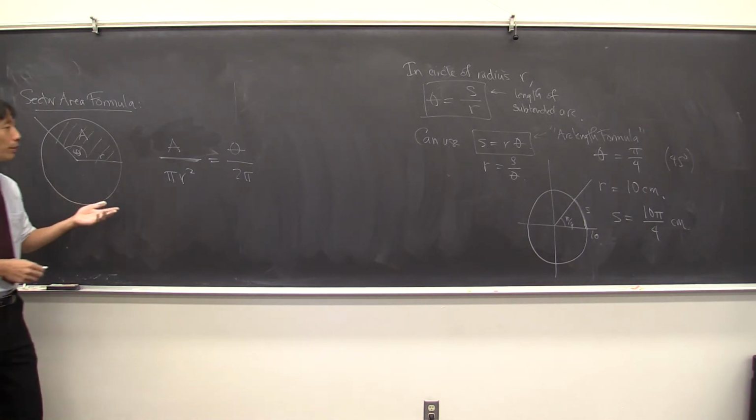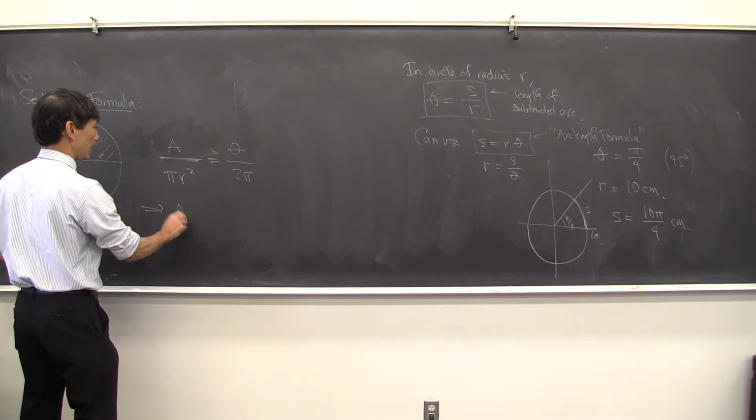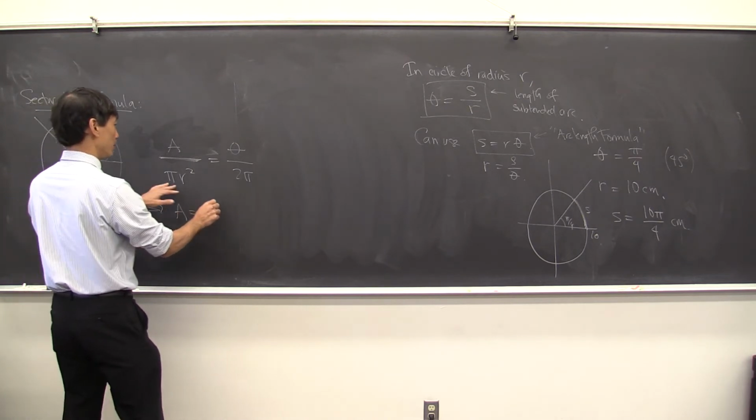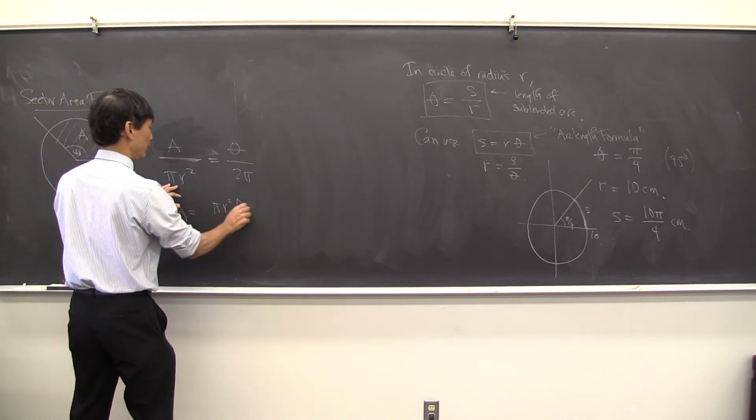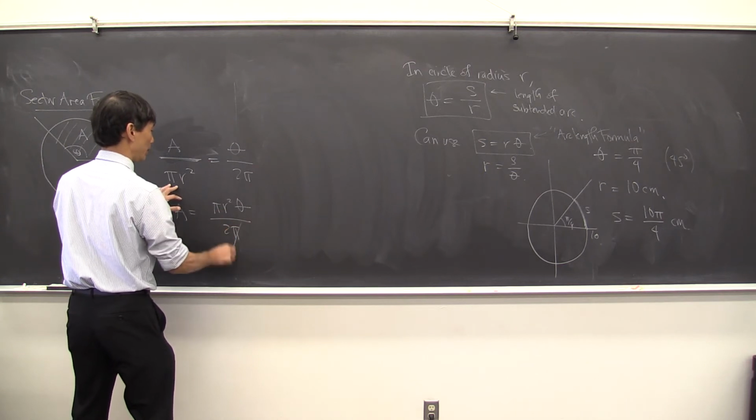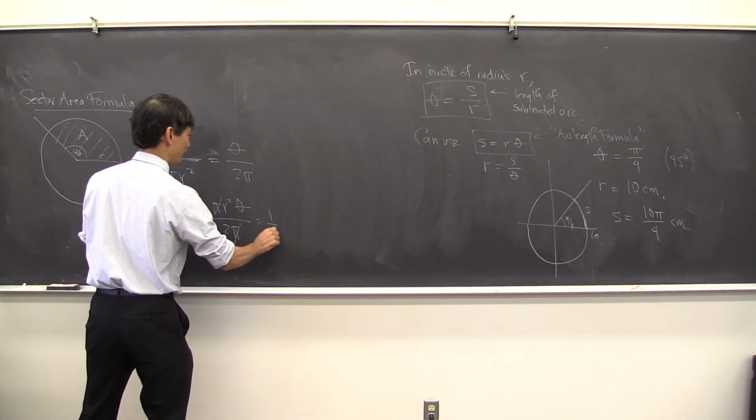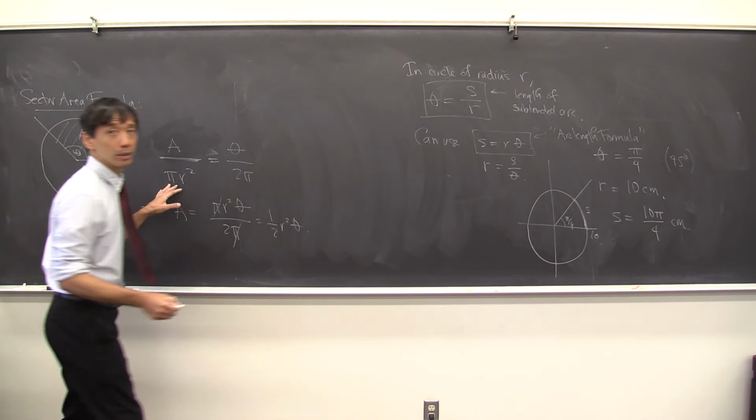So what does that give you? That gives you that A is going to be pi r squared theta over 2 pi. The pi's cancel off, and you get the 1/2 r squared theta.